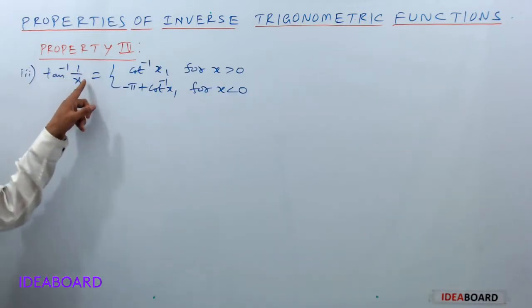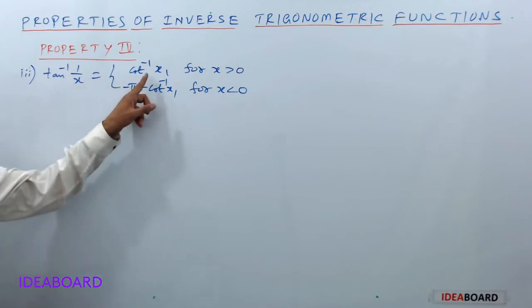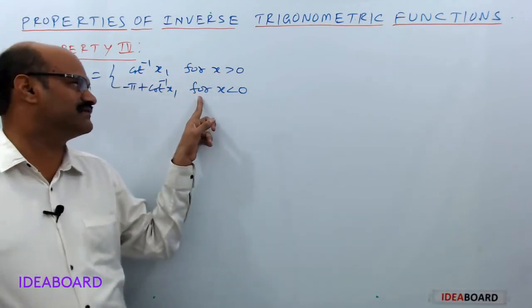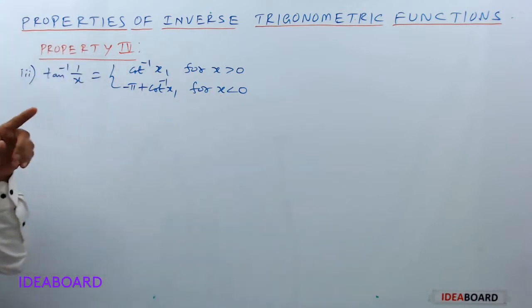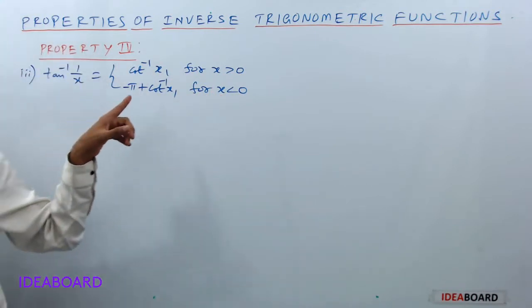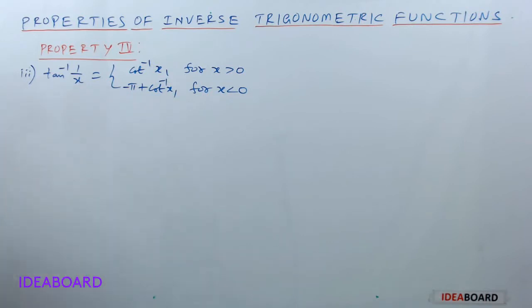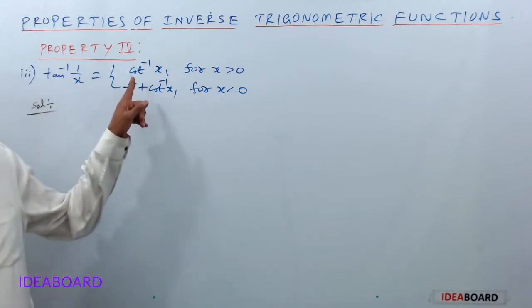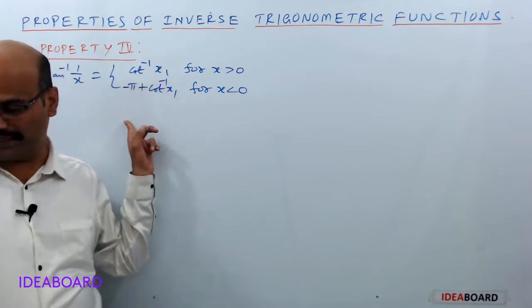Next one, tan inverse of 1 by x equals cot inverse of x for x greater than 0, and minus pi plus cot inverse of x for x less than 0. Now, to prove this, let cot inverse of x equal theta here.